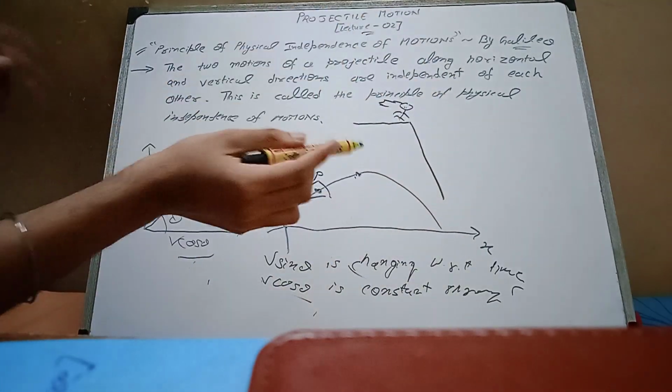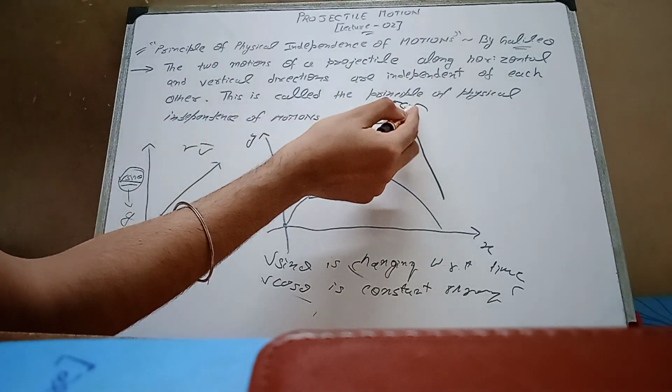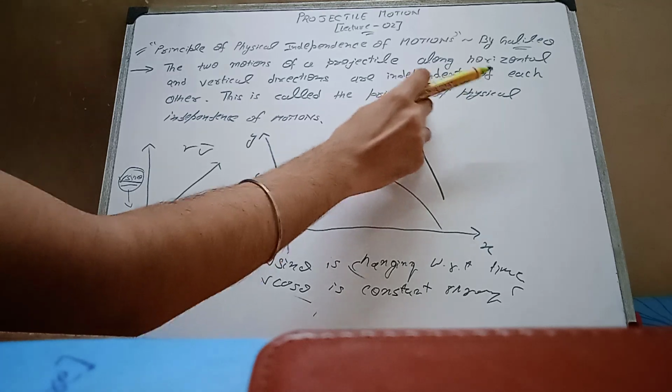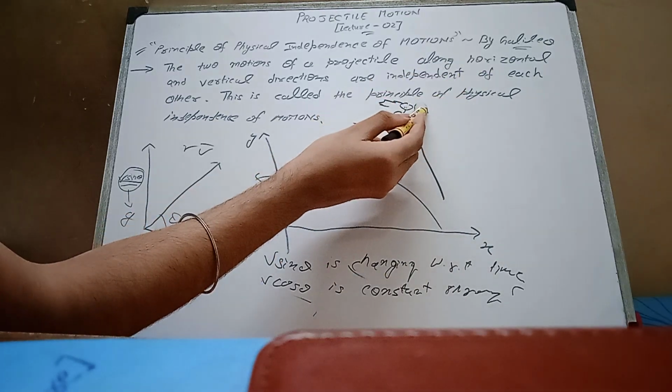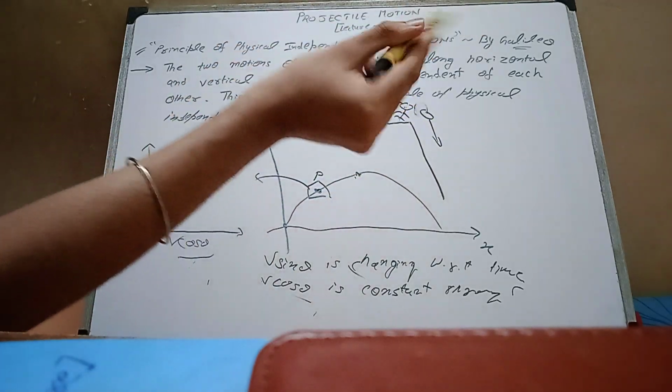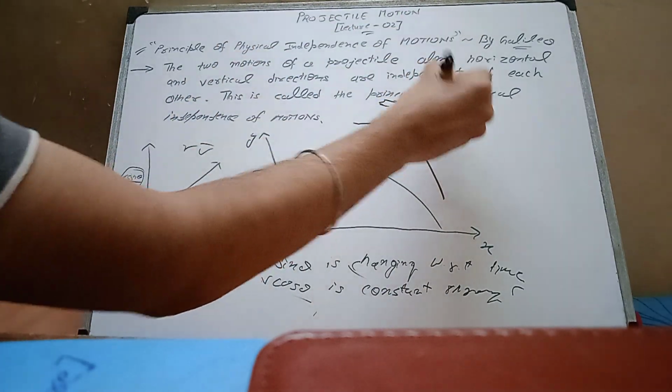throws, or let us say drops, a stone. So he drops a stone downward. Drops means u equals 0 in this case.